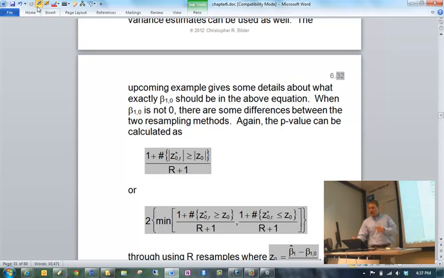And then you can calculate your observed value of Z0 from your observed data, and then calculate a p-value. You could do it one of the two different ways that we've discussed. Again, the z star distribution should be, if normality worked out, symmetric about 0. I still prefer this one, but you'll often see people use this one.